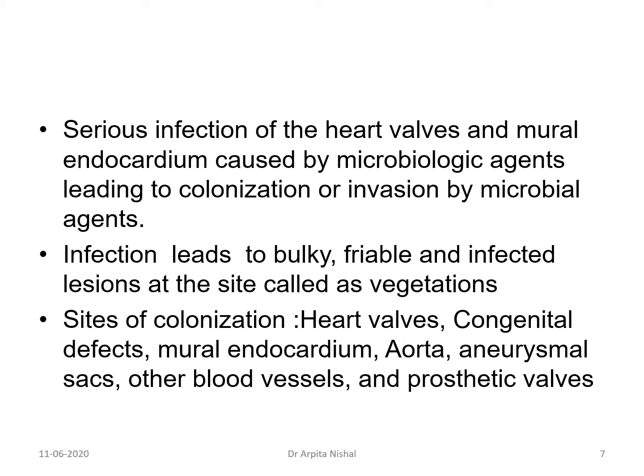Now, what are the common sites of colonization? They are the heart valves, and congenital defects such as PDA, coarctation of aorta, and bicuspid aortic valve. Such congenital defects affect the mural endocardium. In some cases, it may even affect the aorta, aneurysmal sacs, other blood vessels, and also the prosthetic valves.